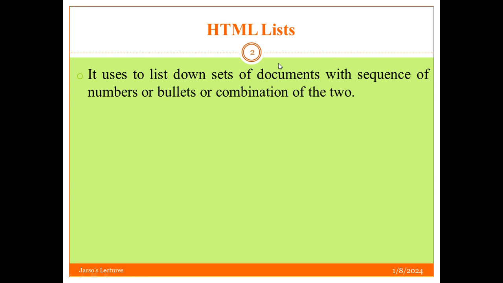So this HTML list is used to list down sets of documents, sets of elements, with a sequence of numbers, bullets, or combinations of numbers and bullets. This is what an HTML list means.